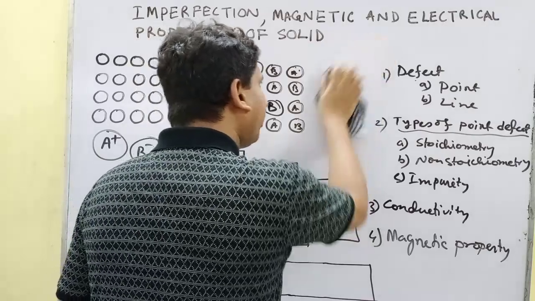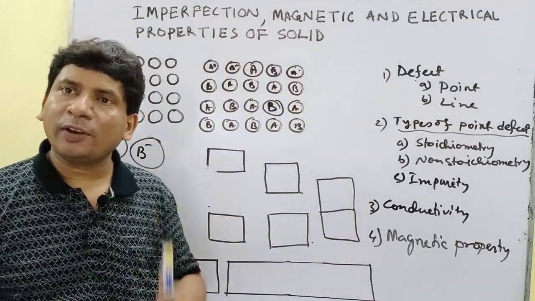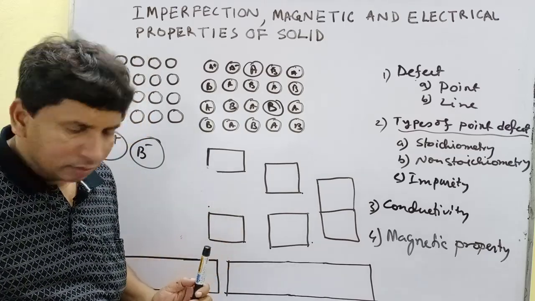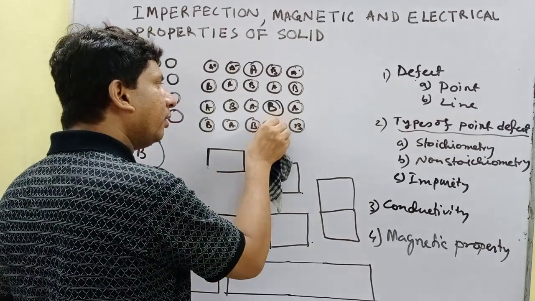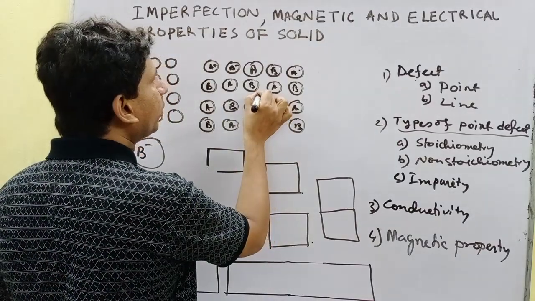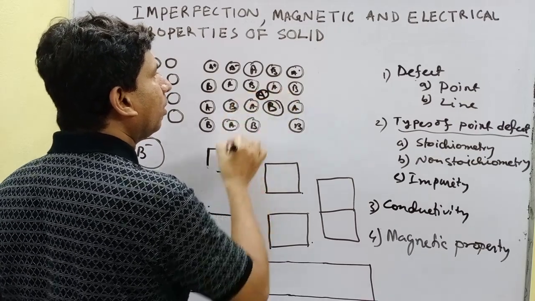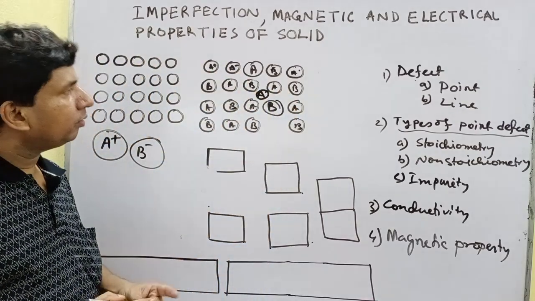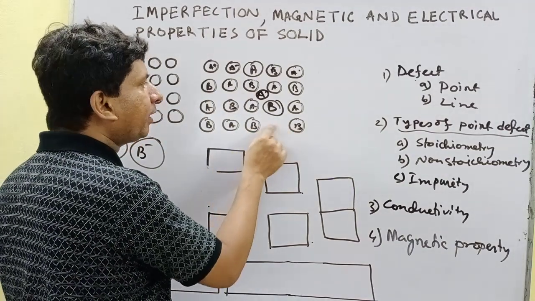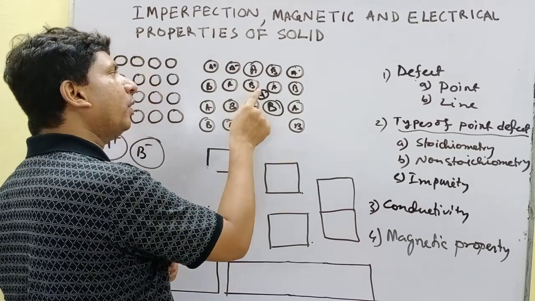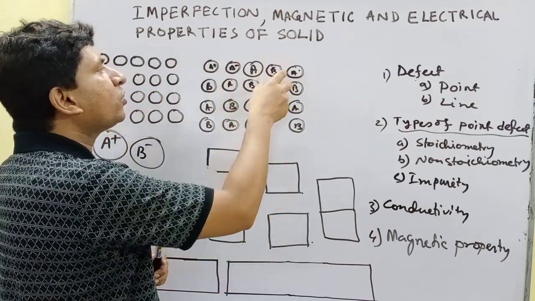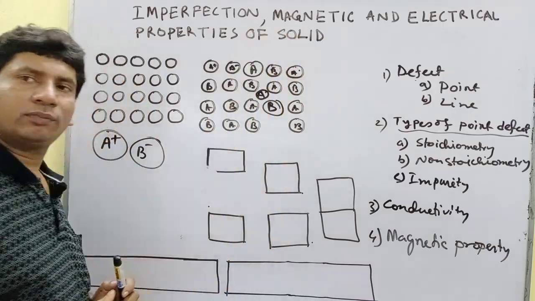What is the Frenkel defect? When a cation goes missing from its position but takes an interstitial position in the crystal. That means from here a cation is missing, but this cation is present in the interstitial position, which is the middle position between cation and anion.